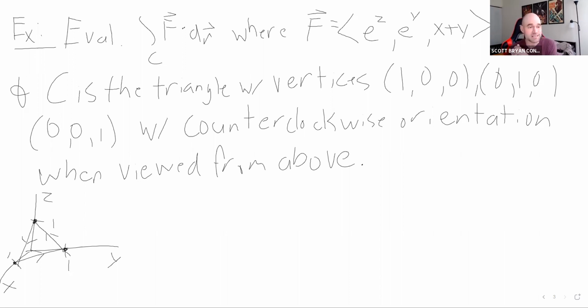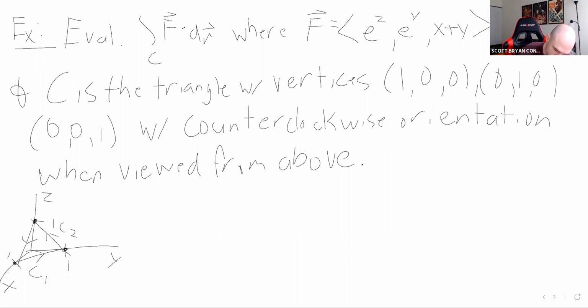Okay, so this is piecewise smooth and not smooth because it consists of 3 line segments. Each of those line segments we can parameterize, but we can't parameterize the whole thing with a single smooth vector function. So the segment from (1, 0, 0) to (0, 1, 0) is C1.